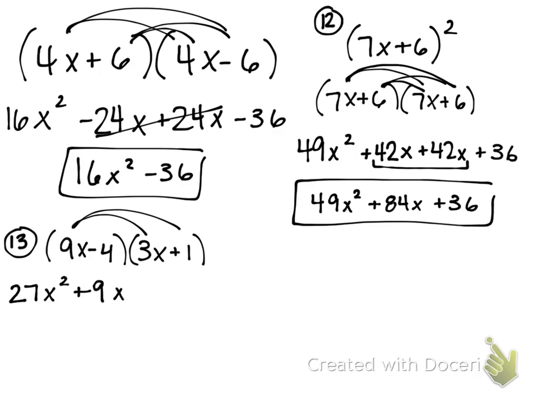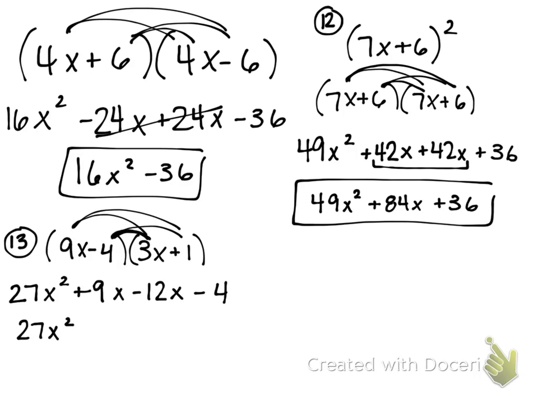What would I do after that, Faith? We did the 9x times 1, so what comes after that? We want to do our inner, so negative 4 times 3, which is negative 12x. And then Connor, what comes after that? Which is negative 4. Combine like terms, so we drop down 27x squared.